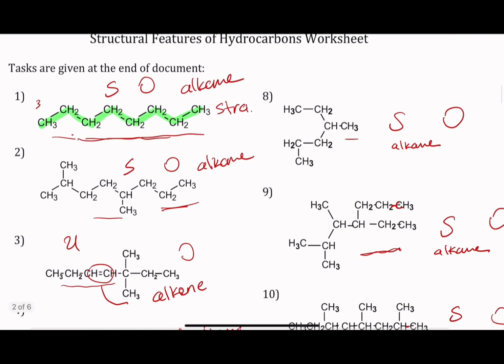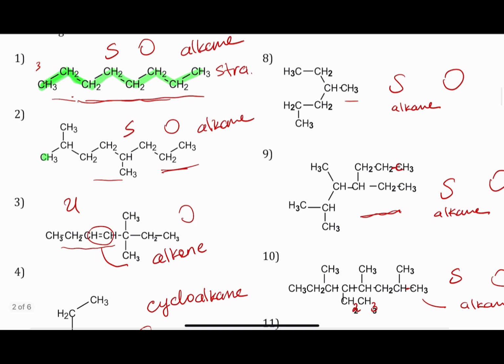The longest chain is this one that I marked with the marker. And then look at this one. I have the longest chain like this, but I have branches. The longest chain is shown in green, but this one is branched. You can see I have two branches, right?